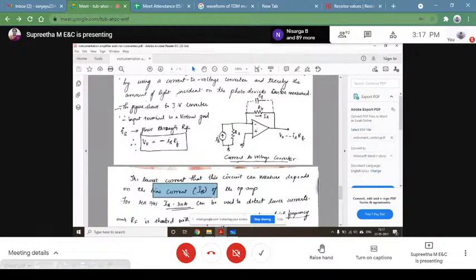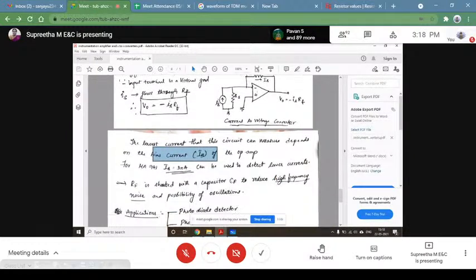Now, at high frequencies, there might be some oscillations introduced in the circuit. So to avoid these oscillations, your RF is shunted with the capacitance CF, to avoid the high frequency noise and possibility of oscillations.